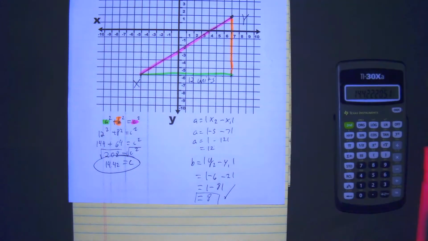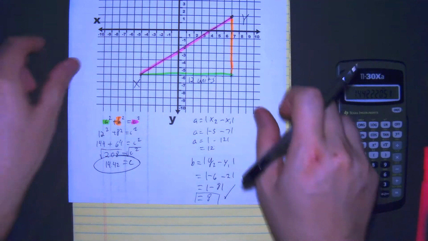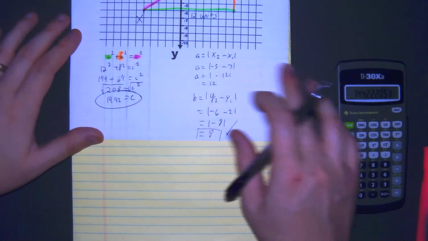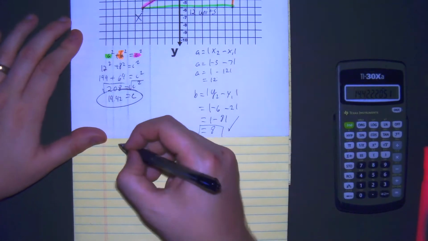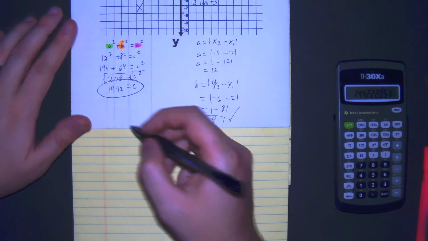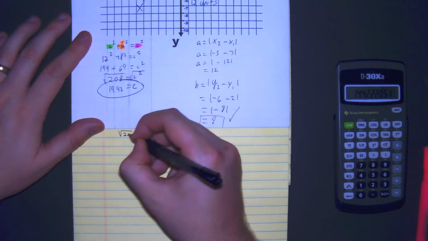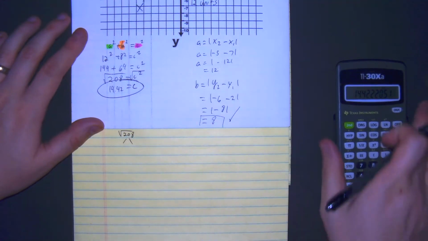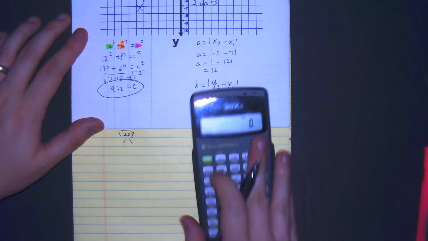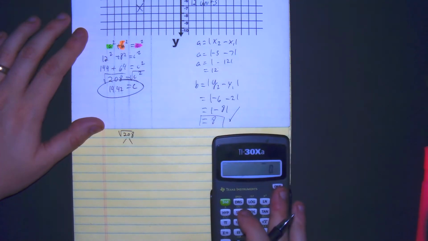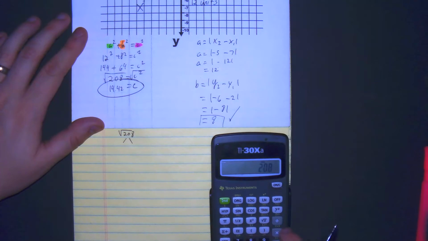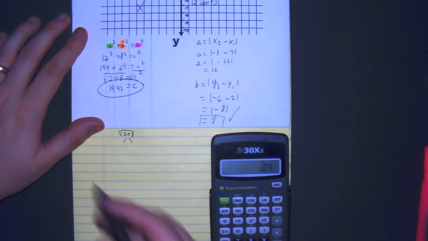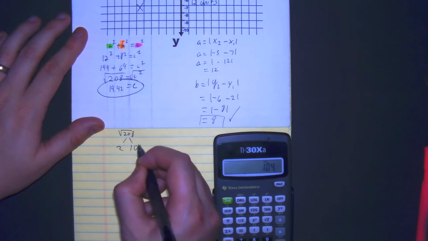Let's see if we can simplify this square root of 208. We're going to break this down using the factor tree. 208 divided by 2 is 104.